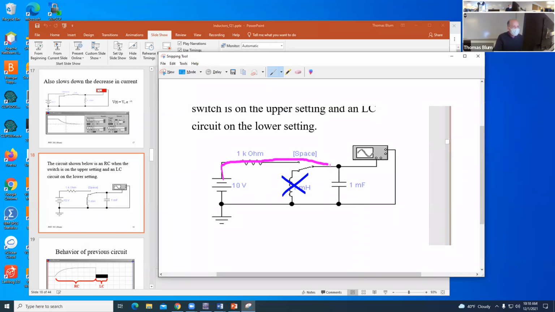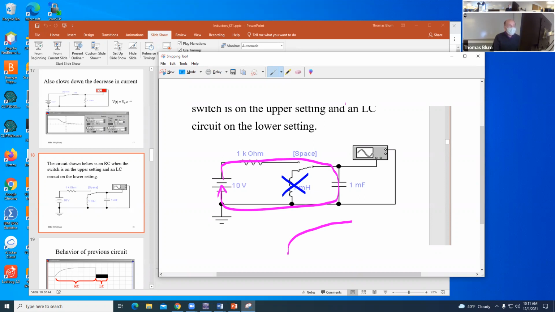When the switch is up, here's the circuit. So it involves a resistor and a capacitor. And we know what a resistor capacitor looks like. It looks like that.